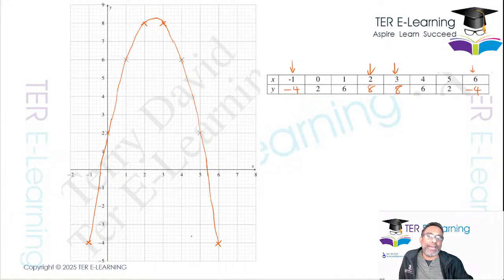So this here is my quadratic. Please don't use your ruler to just join the points. You have to draw a smooth curve as best as you can. That's what you need to do for a question like this.